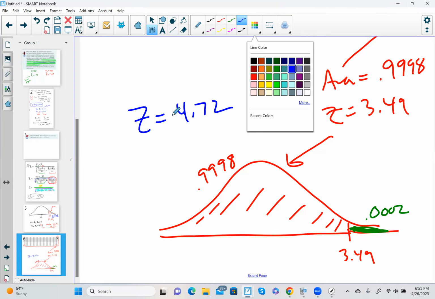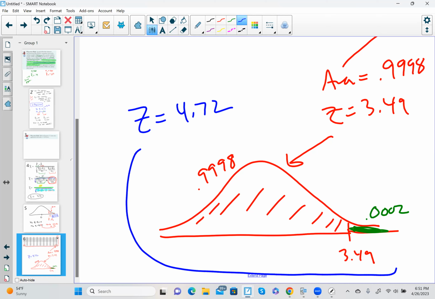But our z-score, the one we have, is even further out here. It's over here somewhere. It's at 4.72, which means the area beyond it, this area out here, has to be even less than 0.0002.